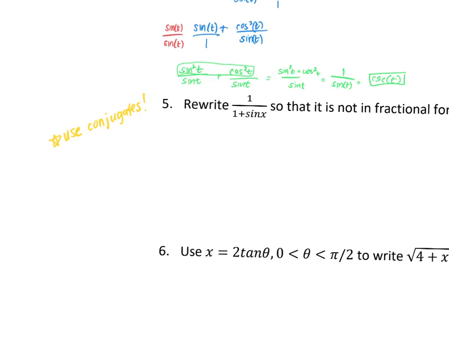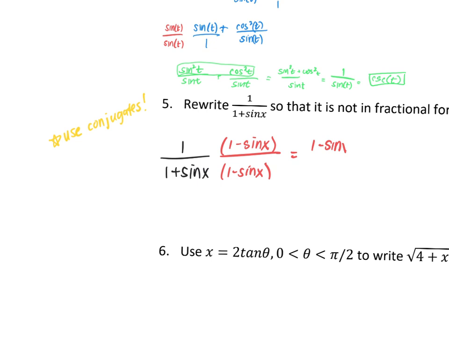So in this case, 1 plus sine x on the bottom, the conjugate of that would be 1 minus sine x. So I'm going to take 1 plus sine x, and I'm going to multiply it. When I'm multiplying the numerator and denominator, I'm not changing the value of the fraction. But I'm going to multiply by its conjugate, okay? And you're going to see how we will get this out of a fraction.